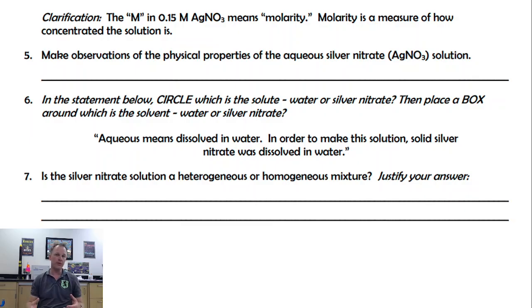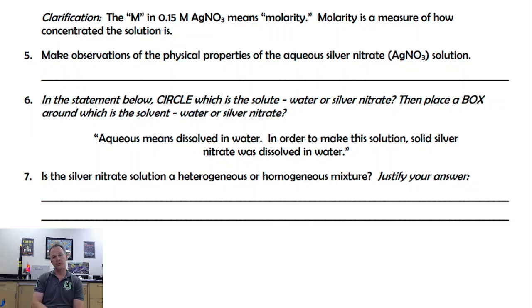So now that we know that it's a mixture, what kind of mixture is it? A heterogeneous mixture or a homogeneous mixture? Think about the definitions of those things. It's a homogeneous mixture, right?